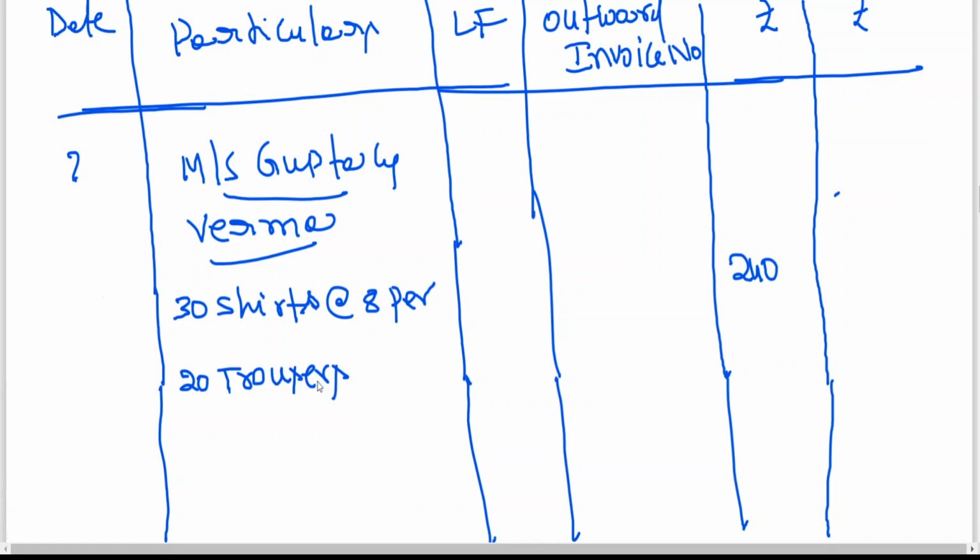20 trousers at the rate of 10 rupees per trouser. 20 into 10, how much? 200. Okay. 200 plus 240, 440.